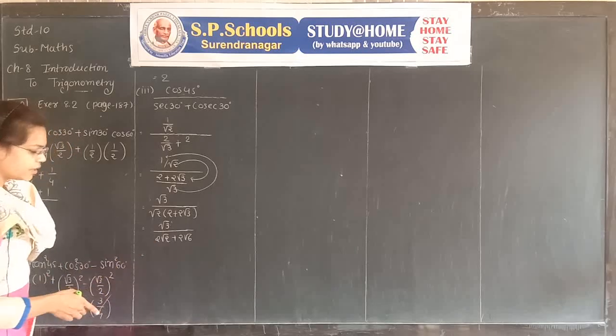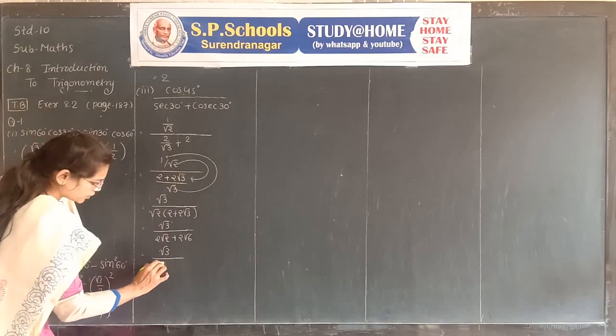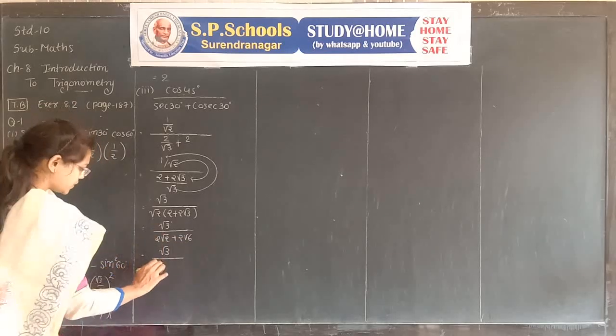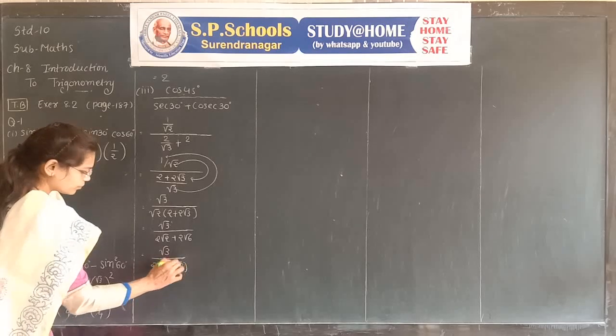Now in the denominator 2 is common, so root 3 upon 2 into bracket root 2 plus root 6. But root 6 is greater, so write here root 6 plus root 2.